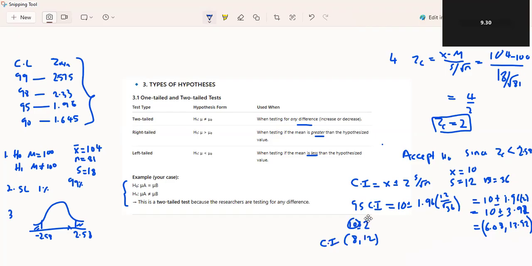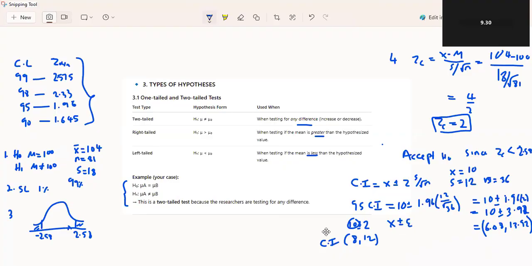If we want to find the error, we subtract: 12 minus 8 is 4, divided by 2 is 2. Or 8 minus 12 is negative 4, divided by 2. That's why we have a plus minus 2. So our range is simply equal to the mean plus minus the error term, or the margin of error.